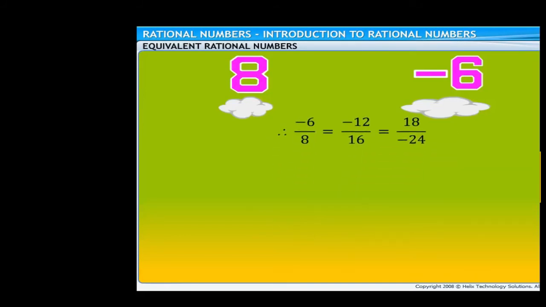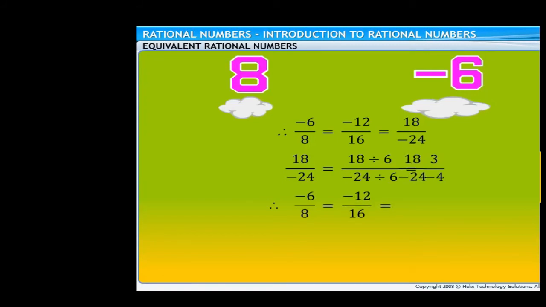Similarly, we can divide the numerator and the denominator of a rational number with the same integer to get another rational number that is equal to the given number. Dividing 18 and -24 by 6, we get another rational number 3 divided by -4. This rational number is equal to the previous three rational numbers.